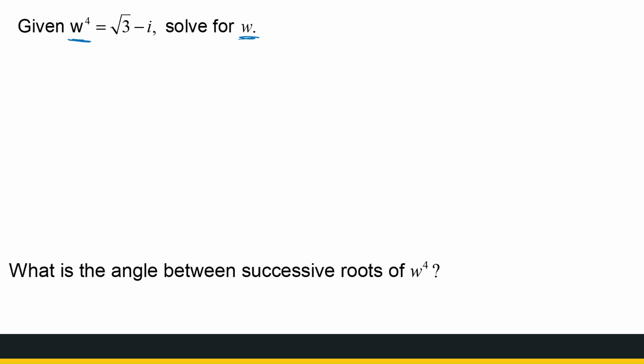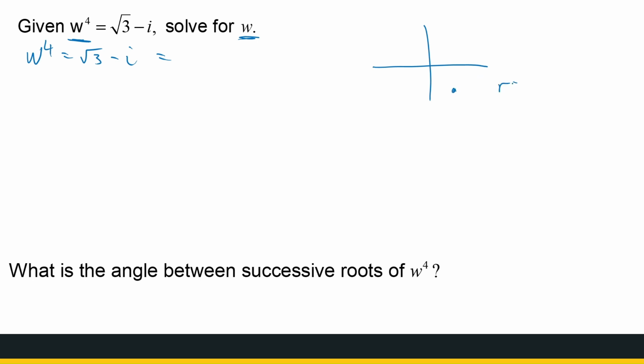So we're finding roots. And to find those roots, we've got a special technique, and we've seen that there will be 4 different options of numbers that I can raise to the power 4 to give me root 3 minus i. So first things first, w to the power 4 is root 3 minus i. I need to change it to polar form. That will be real, imaginary, so in the fourth quadrant again.